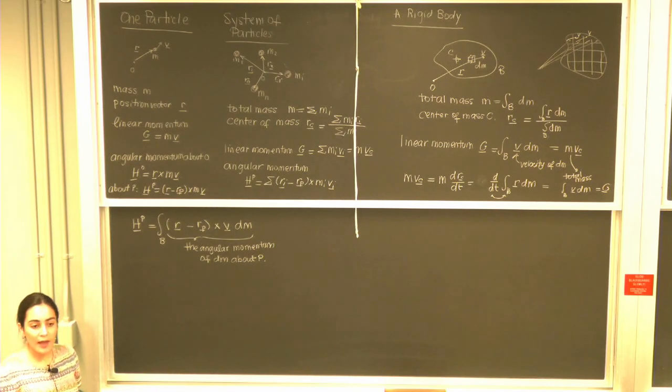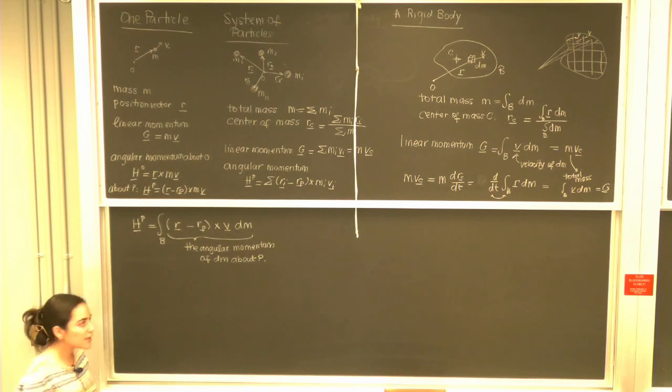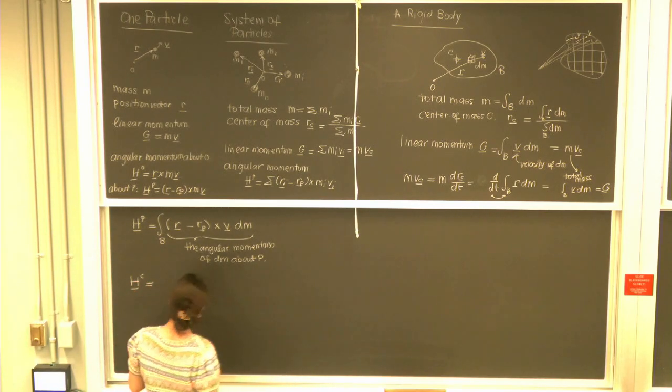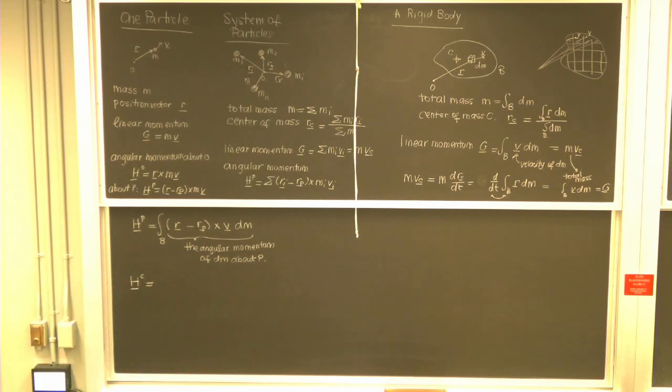If I want to calculate the angular momentum of the particle about the center of mass, what would the expression be? There's going to be a slight change. What would that be? Ideas?